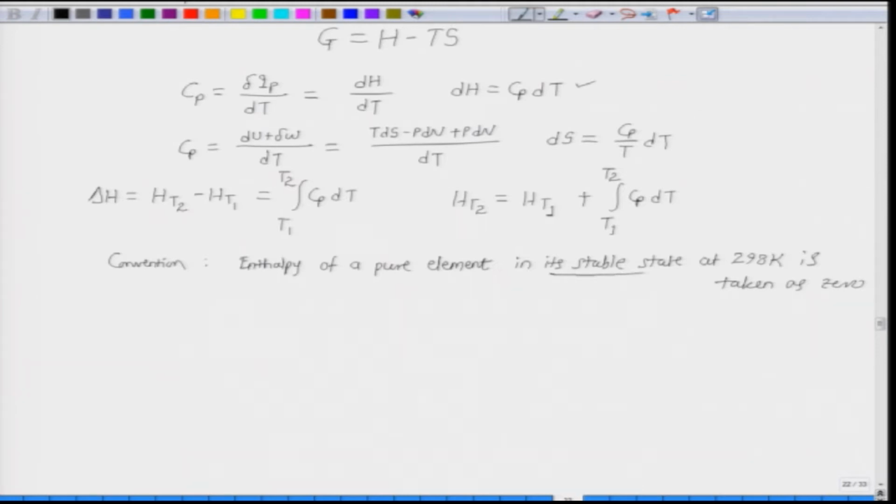This is important. At 298 Kelvin, the element in its stable state has 0 enthalpy by this convention. So, that is taken as the reference state for enthalpy evaluation.